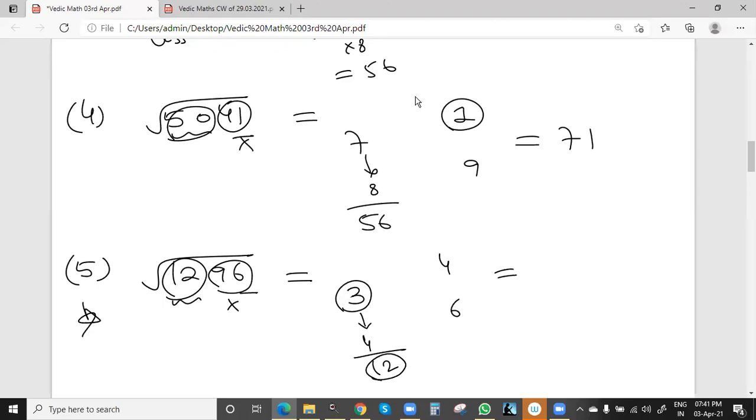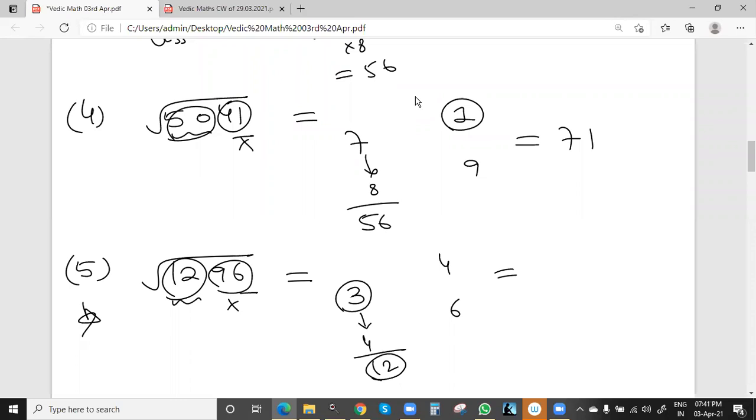This is an exceptional case for square root, because here 12 is exactly matching, so we can choose either, but the actual value is 36.